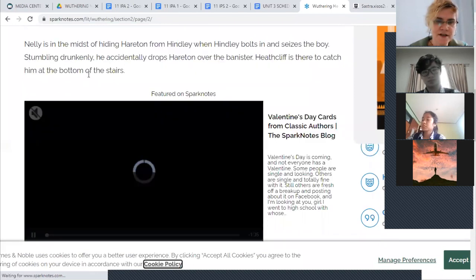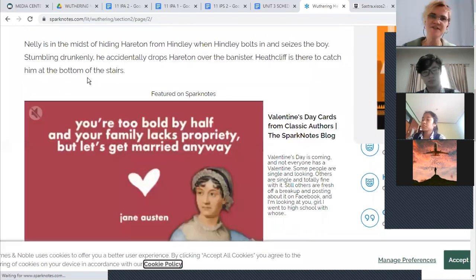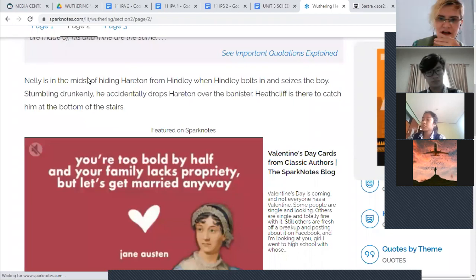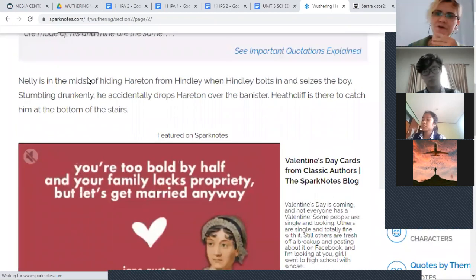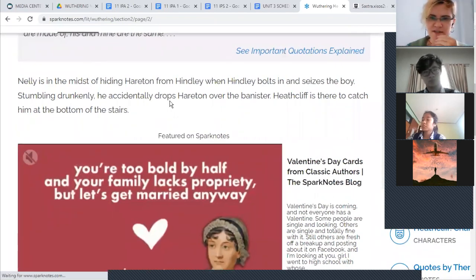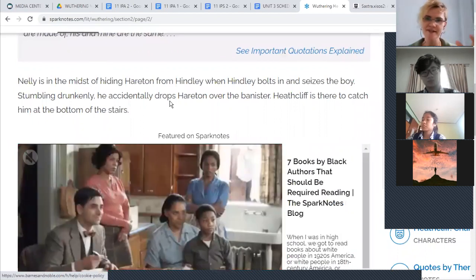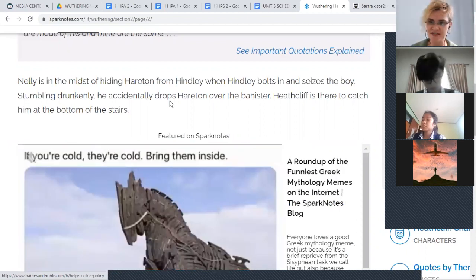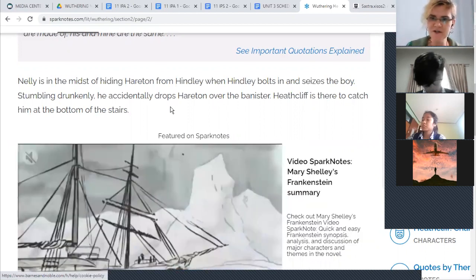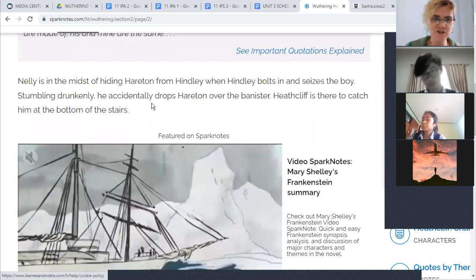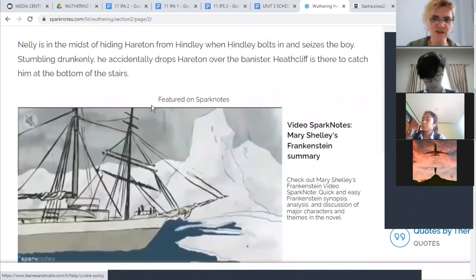So on the other side, Hindley, who is still drinking a lot, who is not doing well for himself, at one point takes his son Hareton and he stumbles and the boy falls over the railing of the staircase. So basically the boy falls down and almost drops to the floor dead, but just in time Heathcliff is there to catch the boy at the bottom of the stairs.